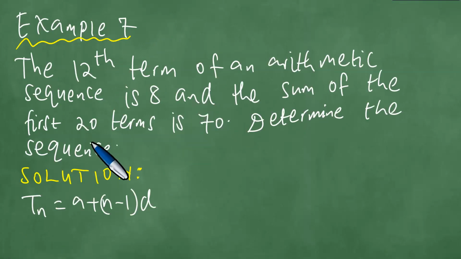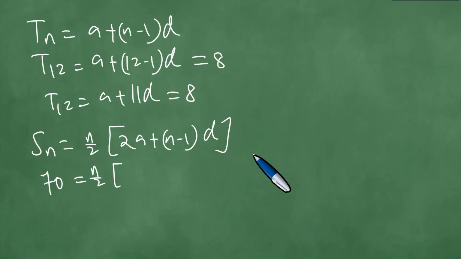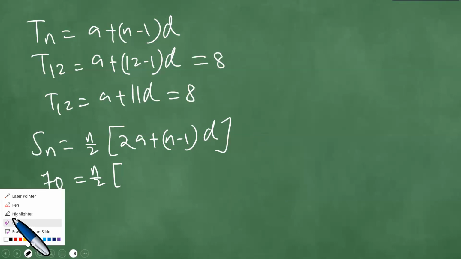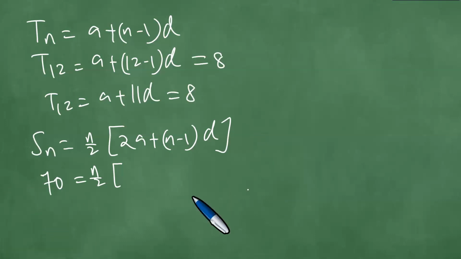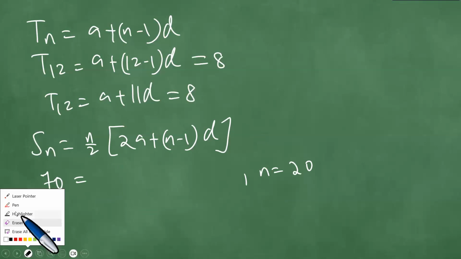The sum of the first 20 terms, which means n is 20 here. So you put 20 here.